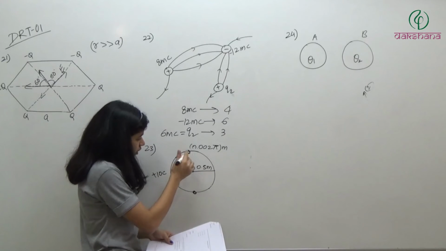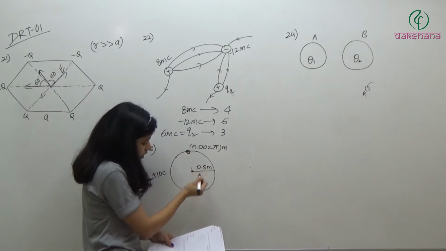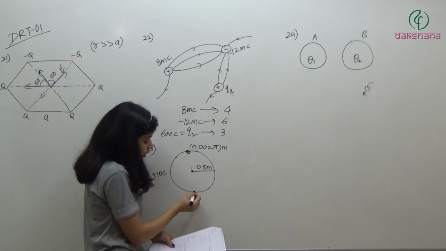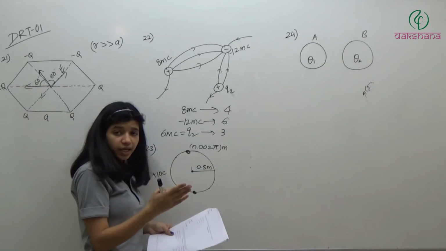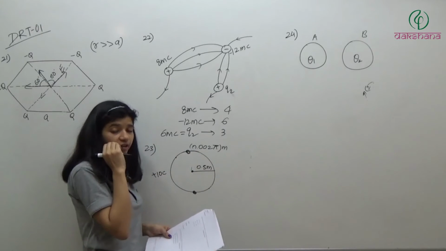Now if you see here, only the part which is exactly opposite to this gap will have some resultant electric field at the center. Other than that, all of them will get cancelled.